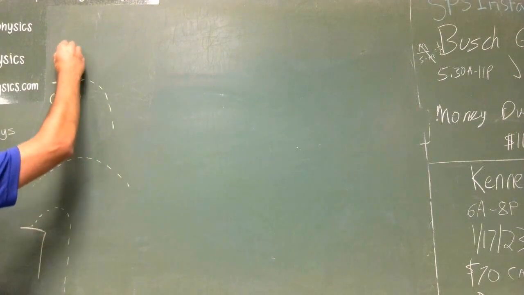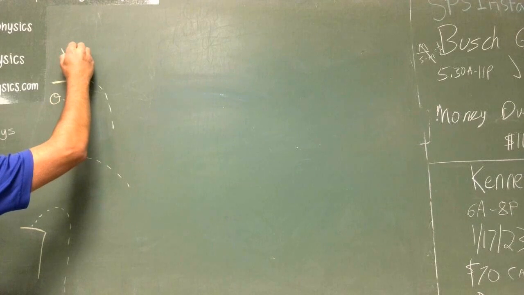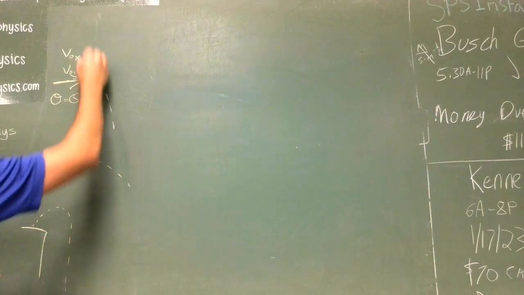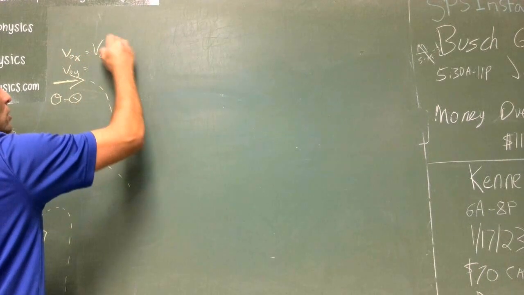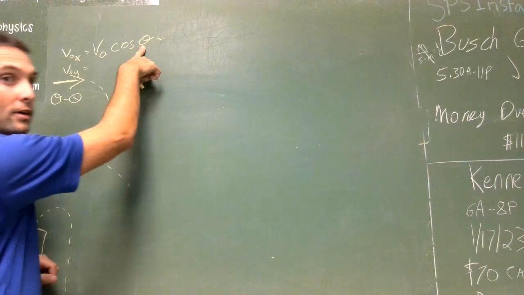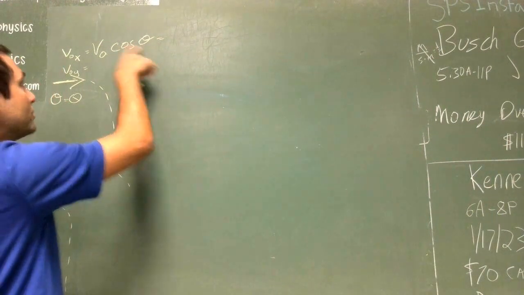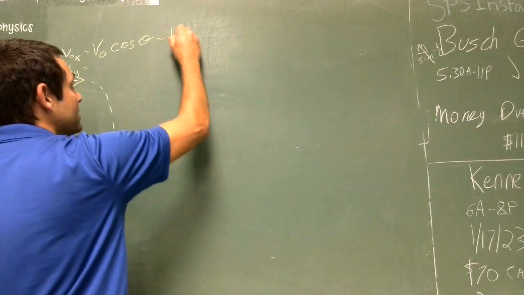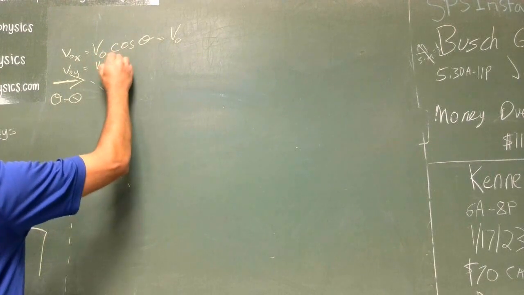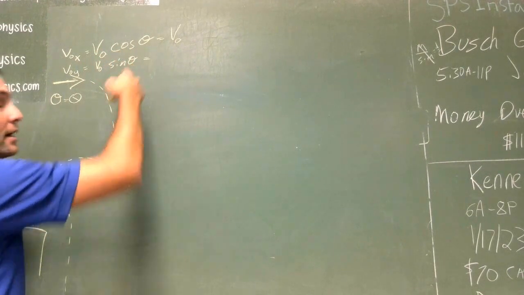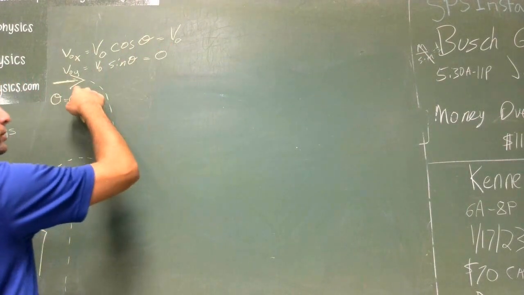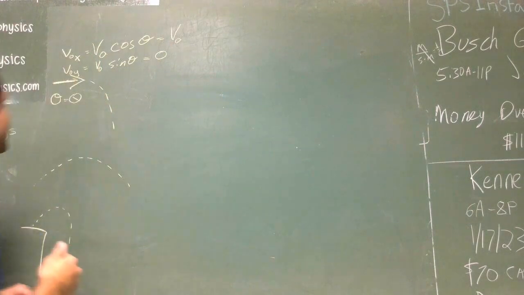When we find the components of velocity, the initial velocity in the x direction and the initial velocity in the y direction, v naught cosine theta, cosine theta, if theta is 0, equals 1. So our initial velocity in the x direction is the same exact thing as our initial velocity. Meanwhile, in the y direction, our initial velocity times sine theta, sine of 0 is 0. So there is 0 vertical component of our velocity.